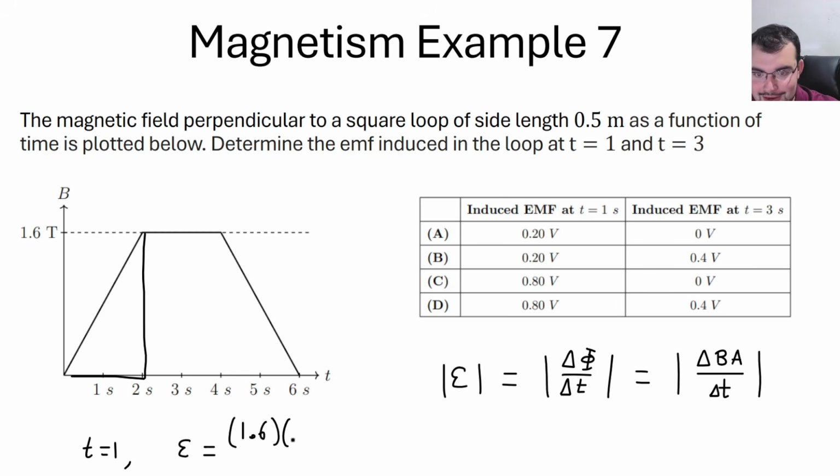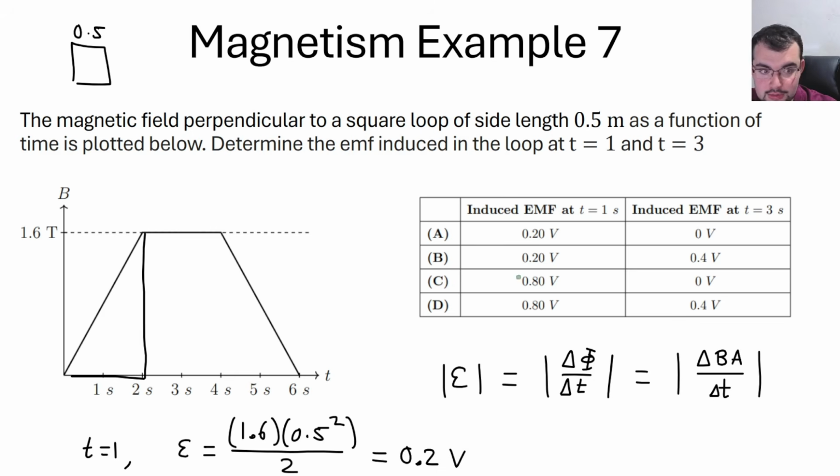And the area of the loop is 0.5 meters squared because it's a square loop. So that means each side is 0.5 meters. And then that change is happening over 2 seconds. So I get 8 times a half, which is 0.2.